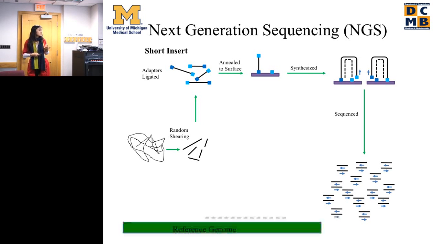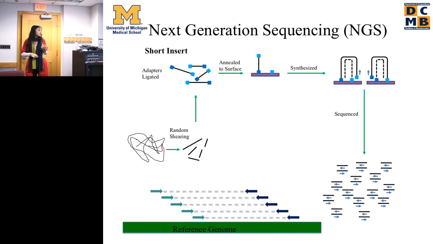With this file, we map each pair to the reference genome. Theoretically, if there are no structural variants in the sample we have, they should map back very nicely like this, right?